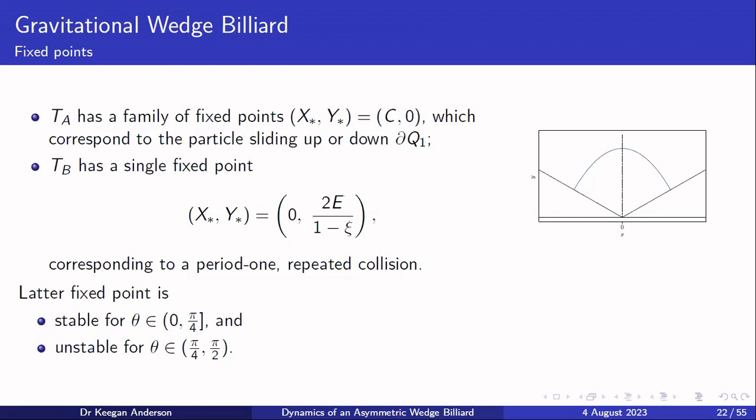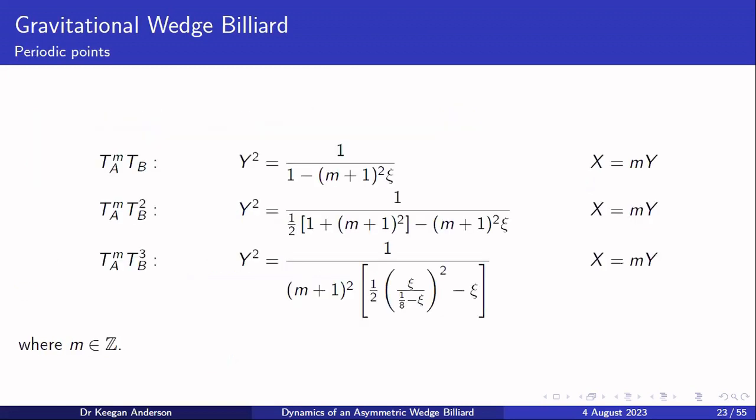But this fixed point is stable whenever the angle is between 0 and 45 degrees. But it is unstable between 45 degrees and 90. So any small perturbation would lead to completely chaotic dynamics for theta between 45 degrees and 90 degrees.